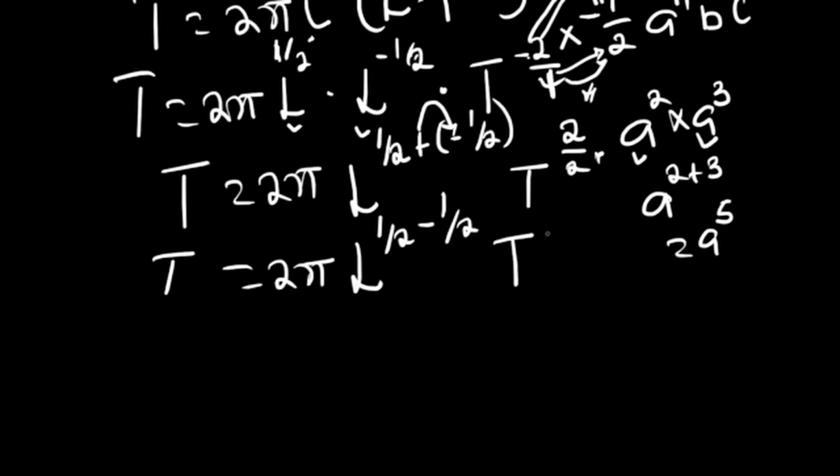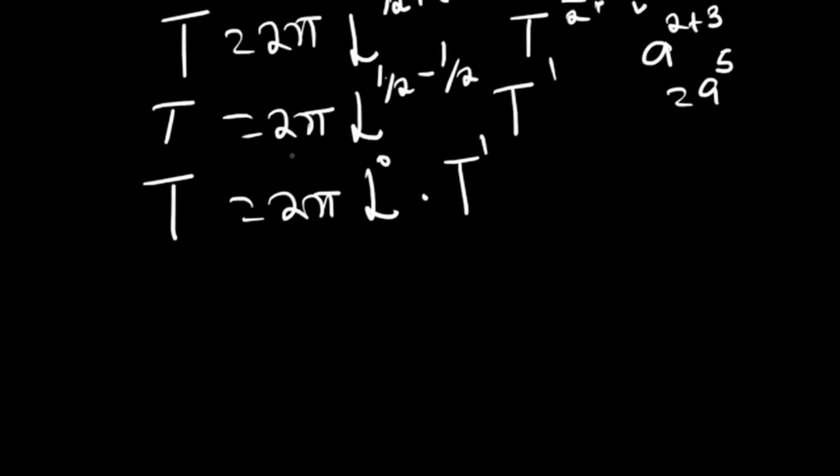So 2 divided by 2 gives you a 1, and on the left we have T is equal to 2 pi. So half minus half, or 1 over 2 minus 1 over 2, gives you a 0. This now becomes L to the power of 0 multiplied by T to the power of 1.